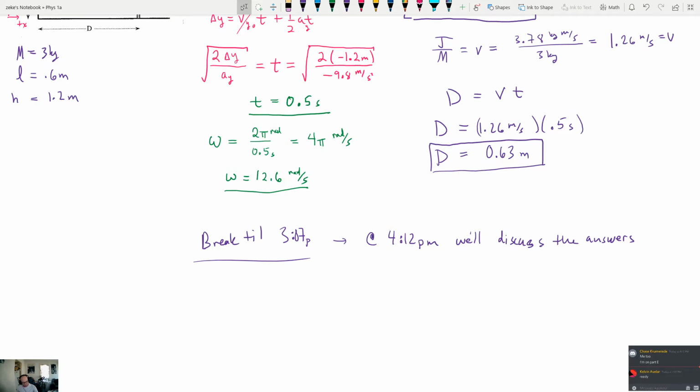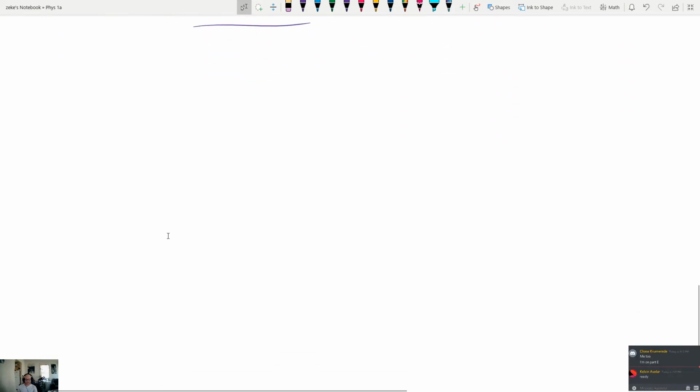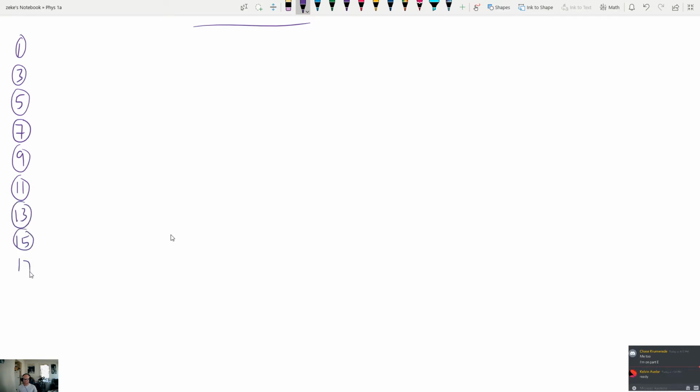I'm trying to get this set up in a way. I have a really horrible setup for putting things on my desk. My desk just isn't big enough. Okay, so I'm just going to number these 1, 3, 5, etc. So this is where these start.